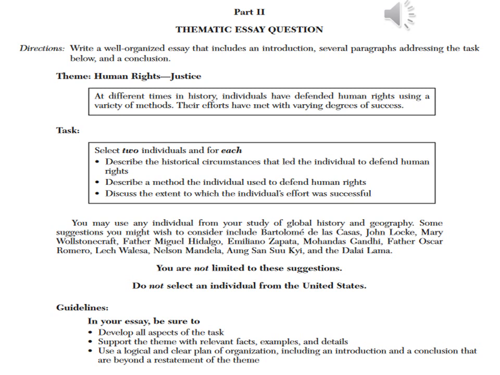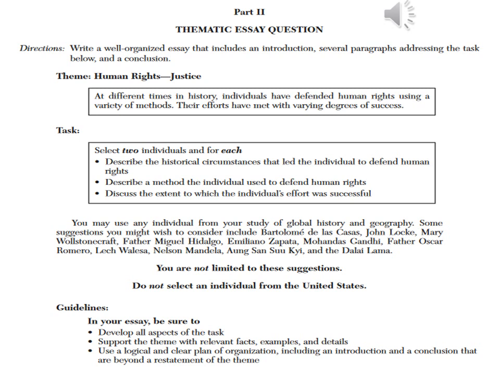So some suggestions you might wish to consider include Bartolomé de las Casas, John Locke, Mary Wollstonecraft, Father Miguel Hidalgo, Emiliano Zapata, Mohandas Gandhi, Father Oscar Romero, Lech Walesa, Nelson Mandela, Aung San Suu Kyi, I'm not sure if I'm pronouncing it right, and Dalai Lama. And you're not limited to these suggestions.